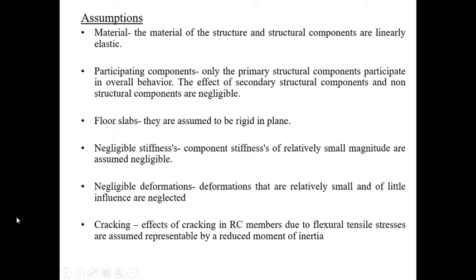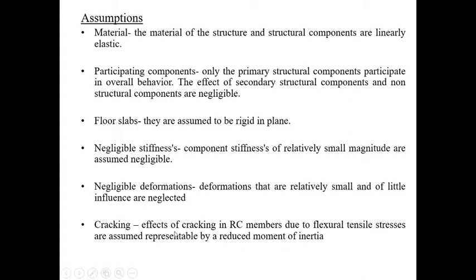What component stiffness you are neglecting depends on what part that component is playing in the structural behavior. Then next is negligible deformations. Whatever deformations are taking place, if they have a very small value, they also can be neglected. Usually they include the shear and the axial deformations of beams. Then next is the cracking.